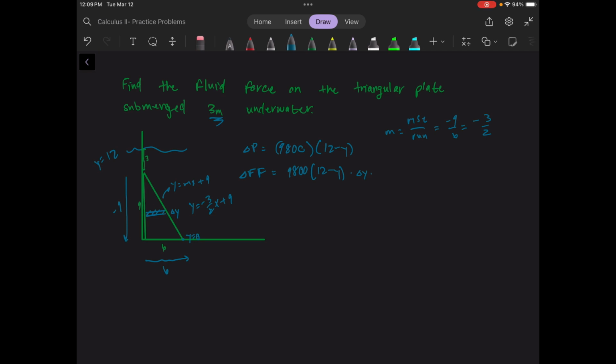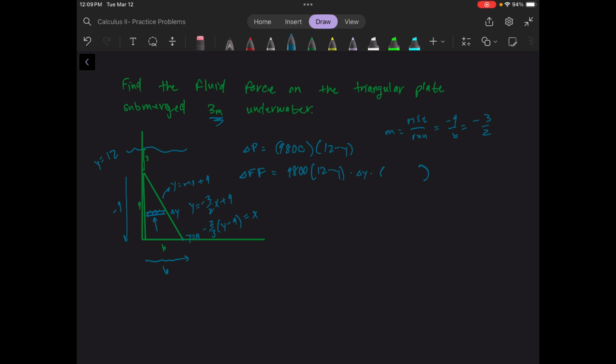Okay, but we want to solve it for x because we want this area function to be a function of y, since we're going to be integrating with respect to y. We've done that a lot of times by now. So let's solve it for x. We get y minus 9, and flip the fraction. This is what is equal to x. So this x is like the width of one of these slices, right?